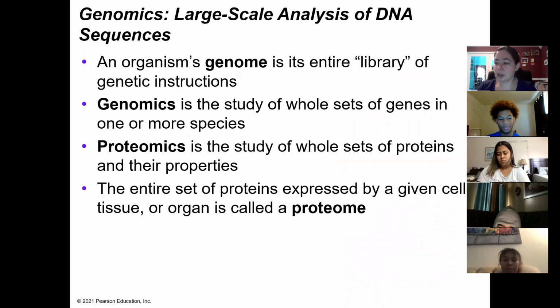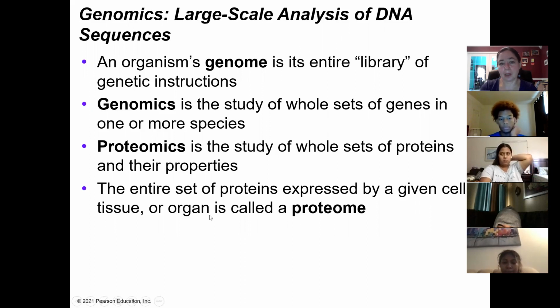Now, all the genetic material that you have is called a genome. It's like a library. You carry this library with you and you don't know how this book is read in different organs. Genomics is basically studying the similarity in genetic material between different species.